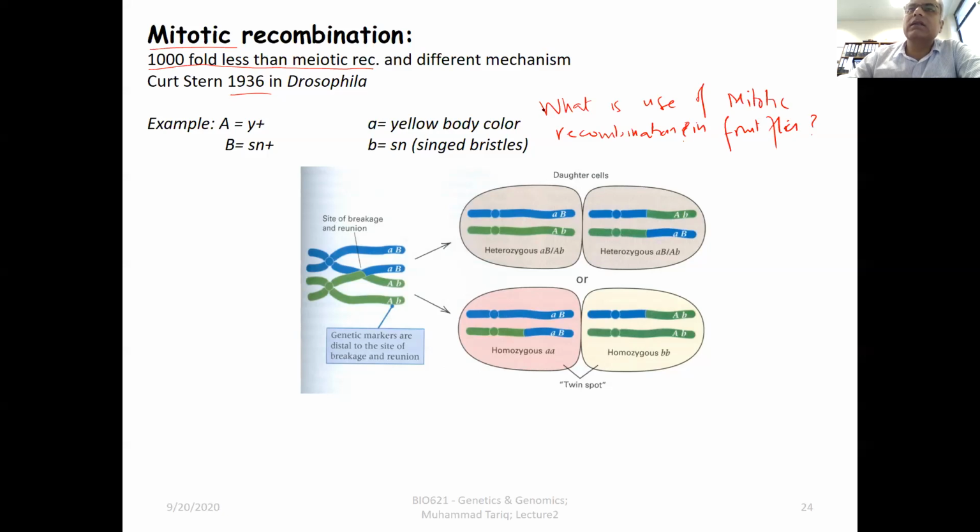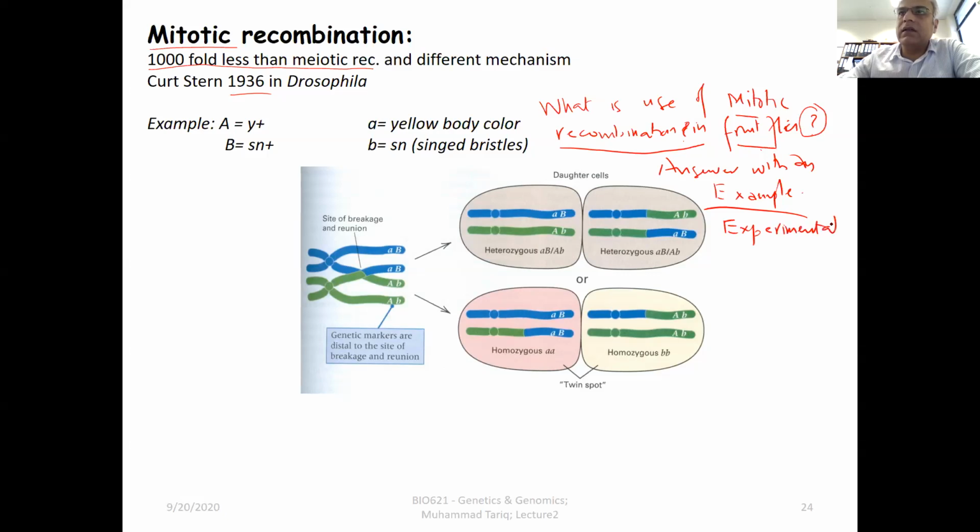Geneticists have very intelligently used mitotic recombination in fruit flies. You should bring an answer with an example. Give an experimental example, not just written text.